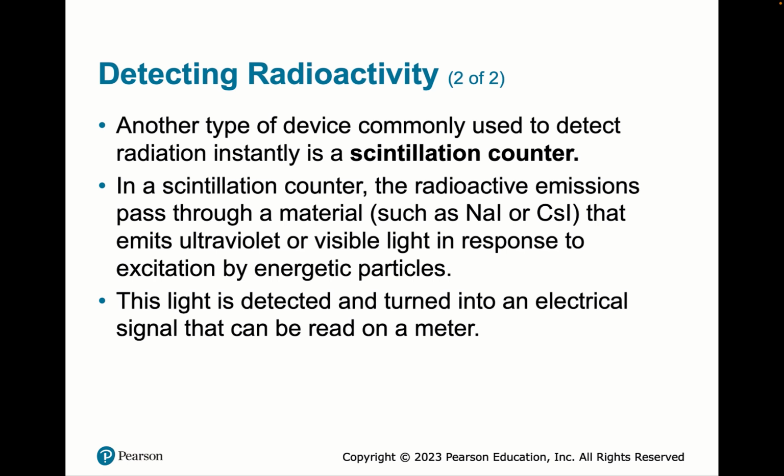There's another one called a scintillation counter. It uses material like sodium iodide or cesium iodide that flashes. It produces a flash in response to energetic particles. And then you can collect these flashes and get them into a meter, and then you can digitize. You can digitize many of the others, but very frequently when you have a digitized radiation device, it's usually a scintillation counter.